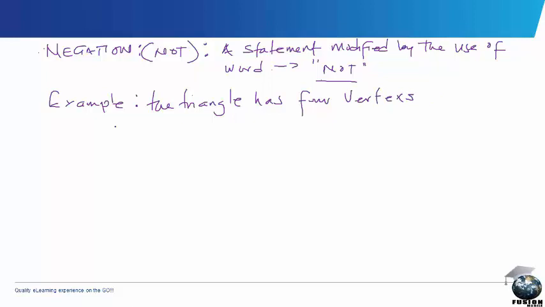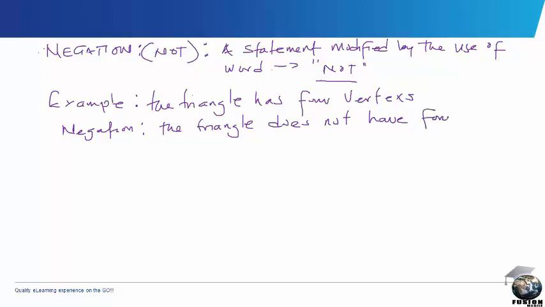And so the negation of this statement could be, in negation you can say that the triangle does not have 4 vertices. You can see the negation at this point, taking you back to the opposite implication of the first statement.